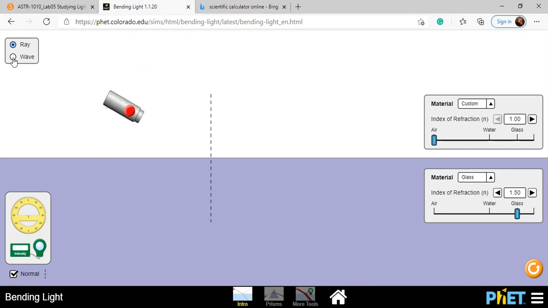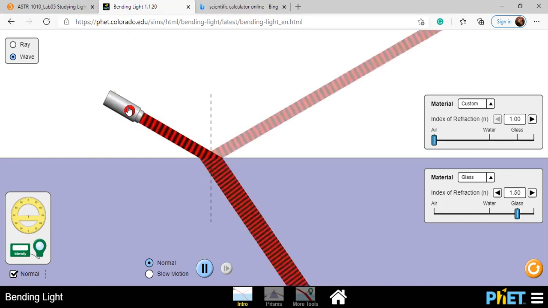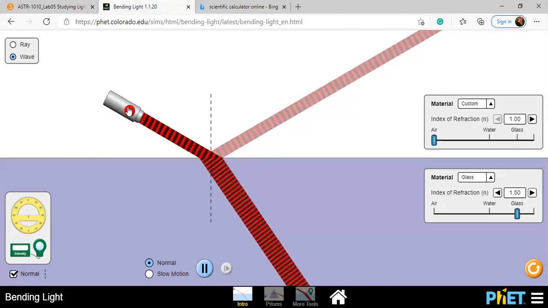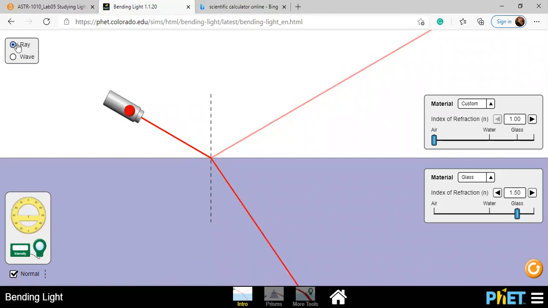You can see it in wave format if you want. Actually, light is a wave, and it behaves like this, but we don't need to see the wave because we can't measure exact angles of incidence and refraction. So I wanted to keep this one.